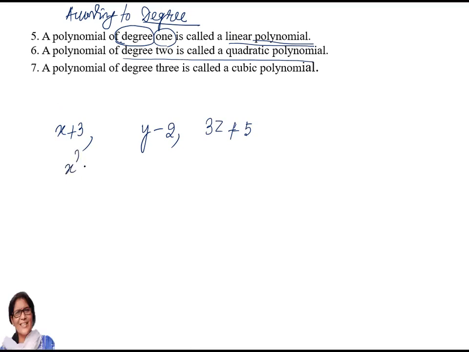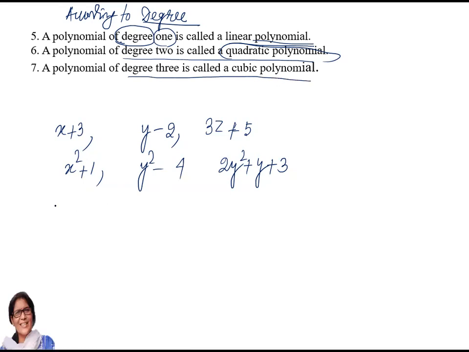Degree 2 means x square plus 1, maybe y square minus 4, maybe 2y square plus y plus 3. These are quadratic polynomials. A polynomial of degree 3 is called cubic. Degree 3: x cube plus x square plus 1. This is your cubic polynomial. x cube is also a cubic polynomial. y cube plus y, cubic polynomial. A cubic polynomial may be a monomial, binomial or trinomial, but they are counted by degree.